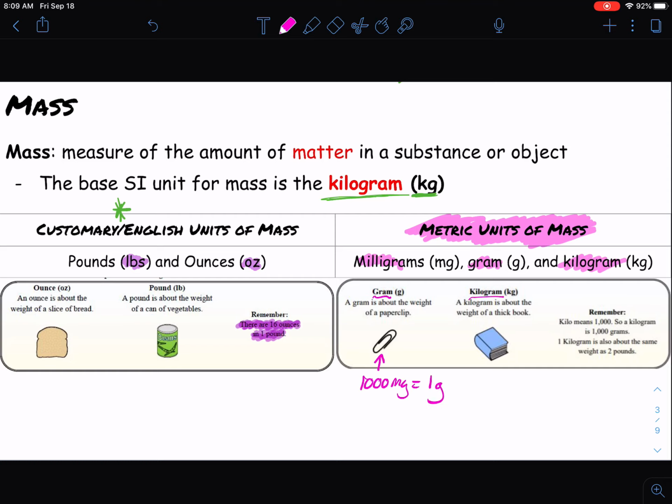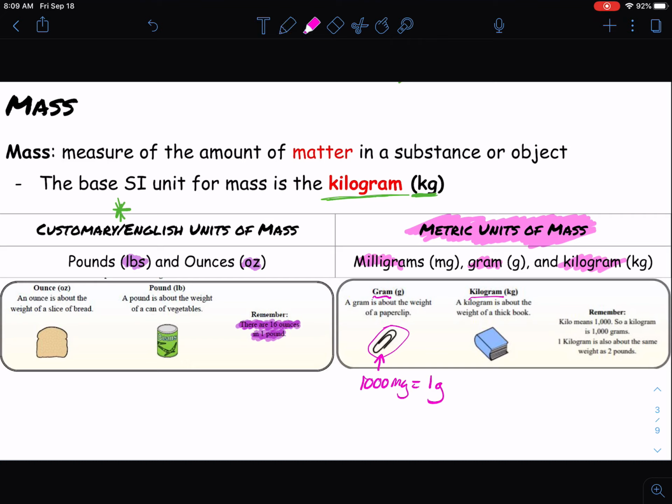So if you cut this paper clip up into 1,000 pieces, one piece would equal 1 milligram. A milligram is really, really tiny. That's the size of material that you get whenever you take pills. You don't even really know it's there. It's so small.